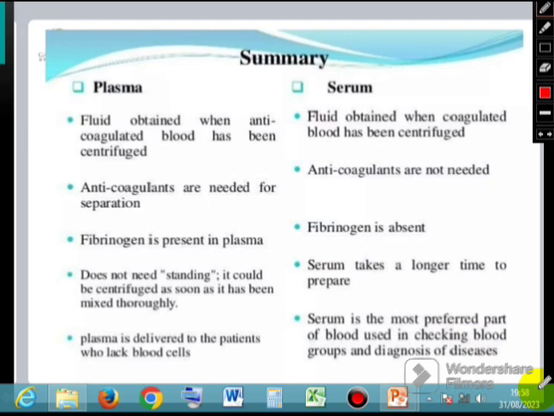So if you go to the lab and you want to know your blood group, they will take your serum. After collecting the blood, they have to extract the serum, and then it is the serum they will use to check your blood group.